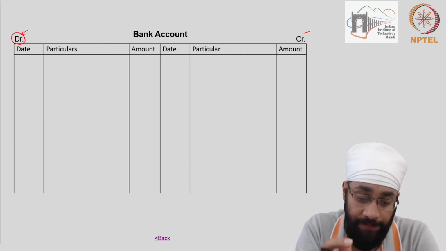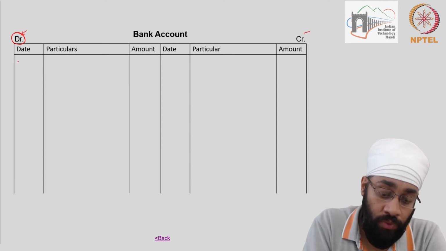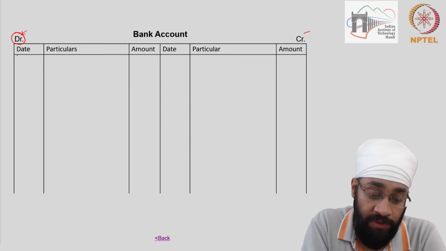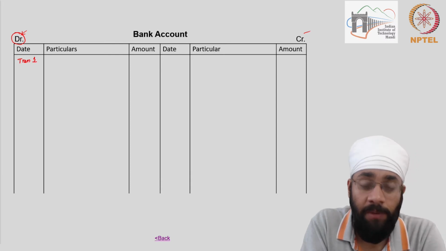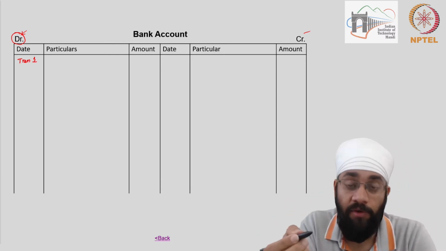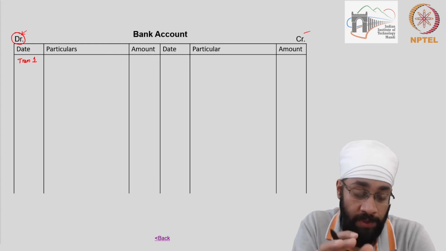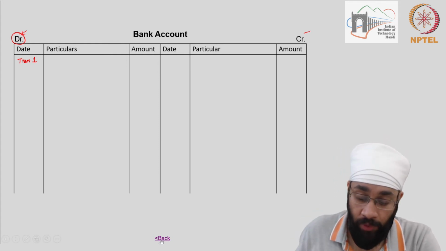That is the first step. The next step is to write the date of the transaction. In this case we have transaction numbers rather than dates, so I'm just going to write the transaction number here, and then go back.